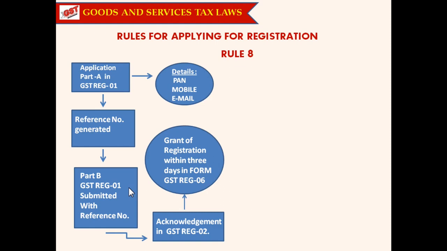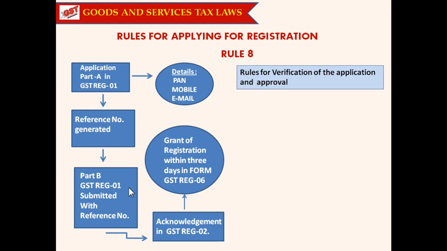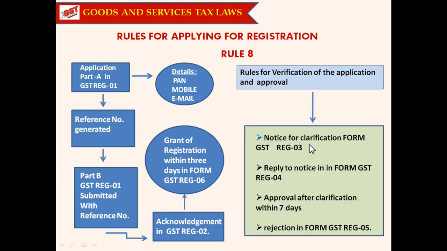These are the procedures for applying for registration, and the proper officer will verify the applications before giving approval or grant of registration. He will issue a show cause notice if there is any clarification in form GST REG 03, and you have to give a reply to the notice in form GST REG 04.